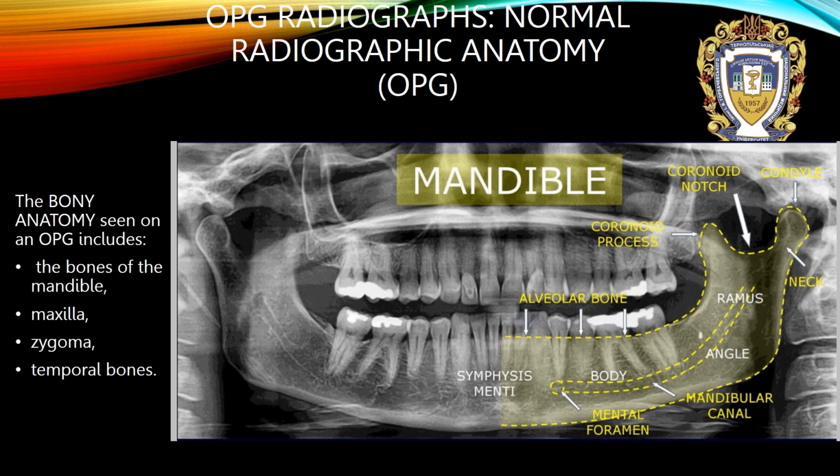On the mandible we can observe the condyle process, neck, coronoid notch, coronoid process, ramus of mandible, angle of mandible, body of mandible, symphysis menti, mental foramen, and mandibular canal.